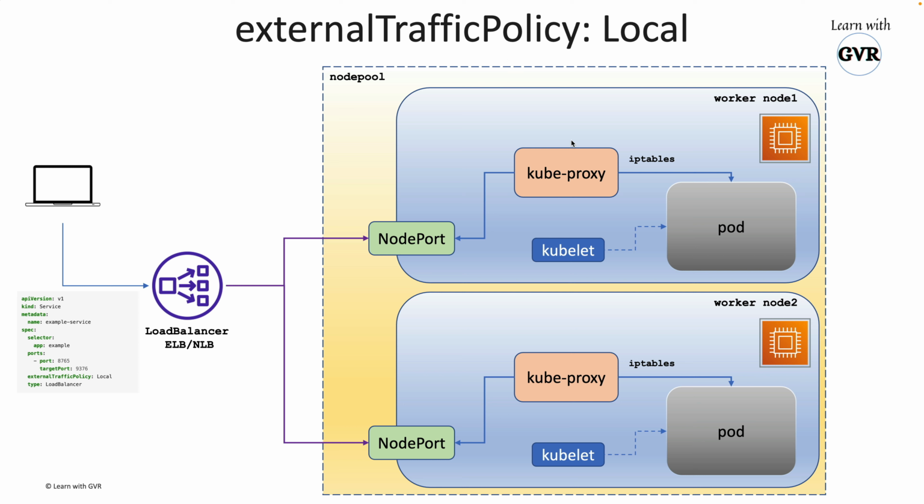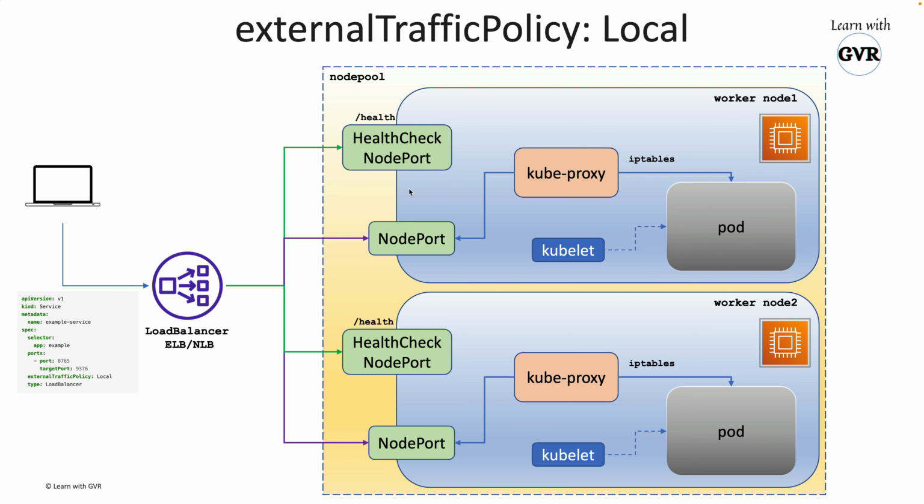Whereas for this service, there is another feature called health check node port along with the node port. We know a service will expose a node port only, but when it is load balancer and external traffic policy equal to local, then you can specify health check node port as well.